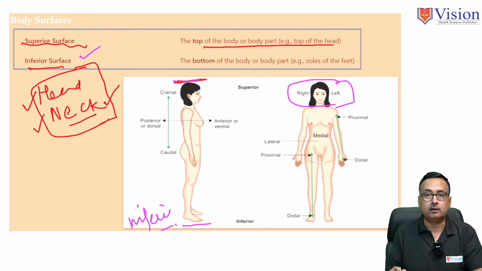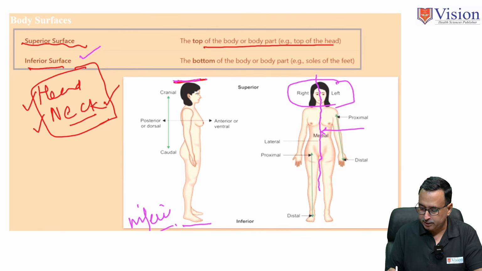And if I pass an imaginary line that passes from the top of the head, passes between eyebrows, nose, in the center of lip, through the sternum, and it passes through the pubic symphysis, this would be the median line, or we call midline.